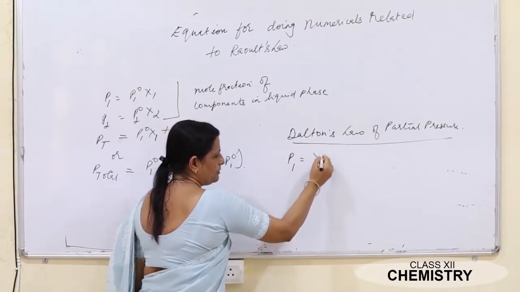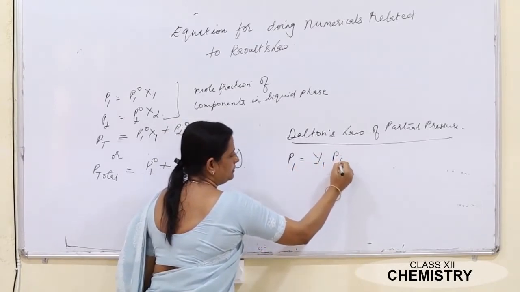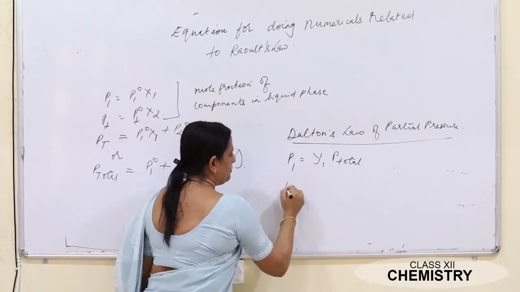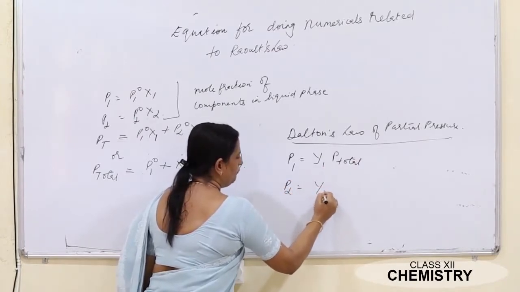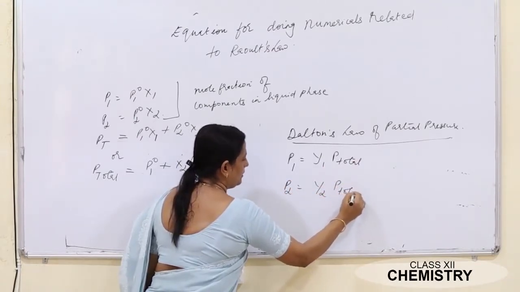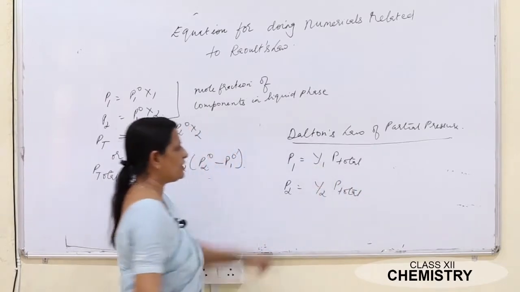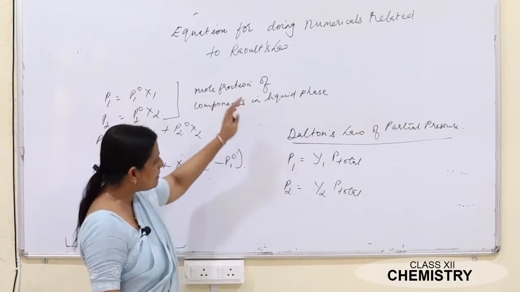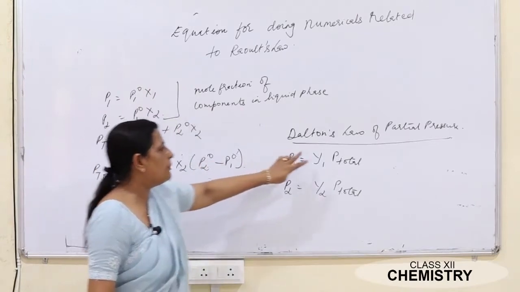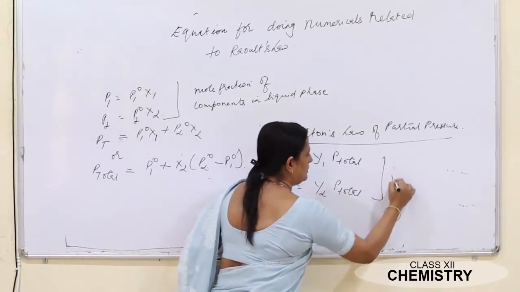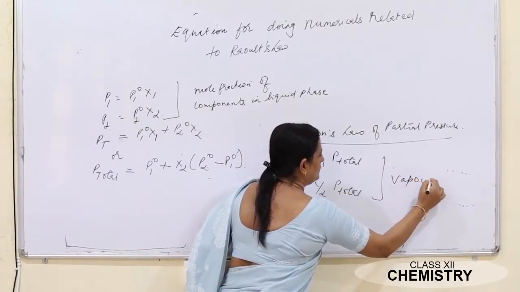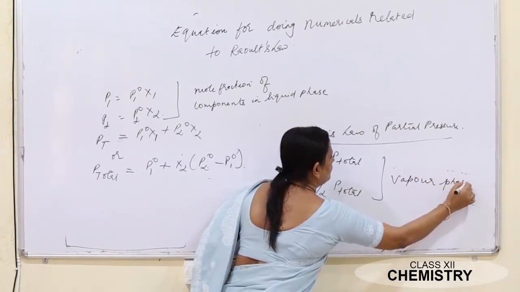P1 is equal to Y1 into P total, P2 is equal to Y2 into P total. Here Y1 and Y2 are actually what? Mole fraction of the same component, that is 1 and 2, but it's in which state? Vapor phase. It's in vapor phase.